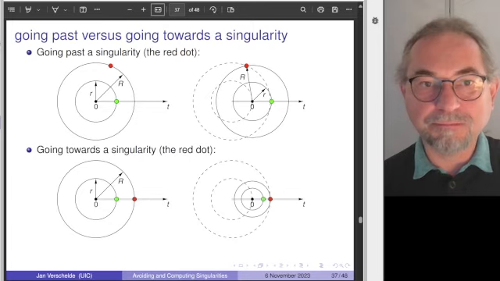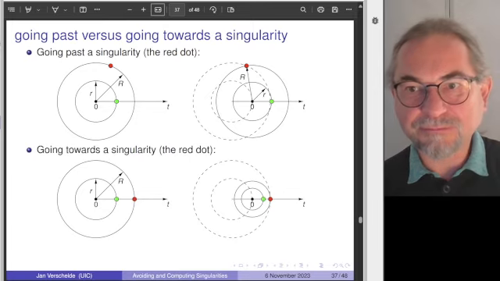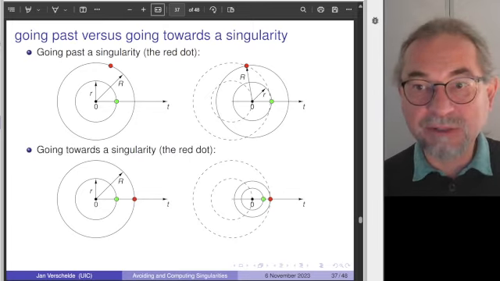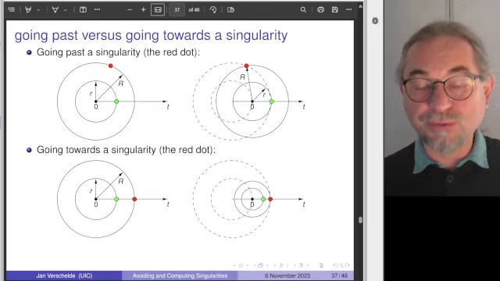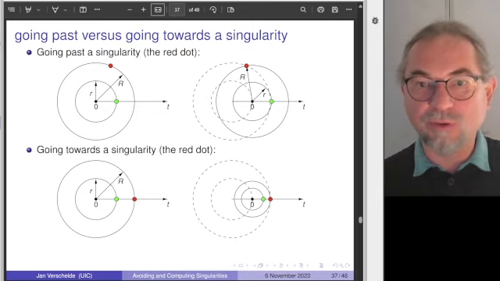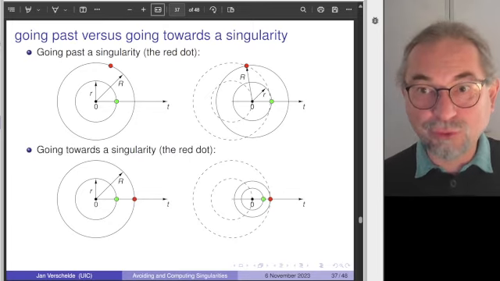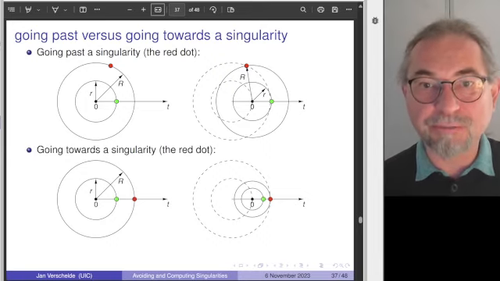So this is again a slide to indicate the problem that we're currently considering. We have gone past a singularity, and now we're going towards a singularity. So we have the case of a monomial homotopy. Monomial homotopies are very interesting to work with because there is no singularity between 0 and 1. But in some sense, we can always reduce to that case of a monomial homotopy if we have the notion of the last pole.